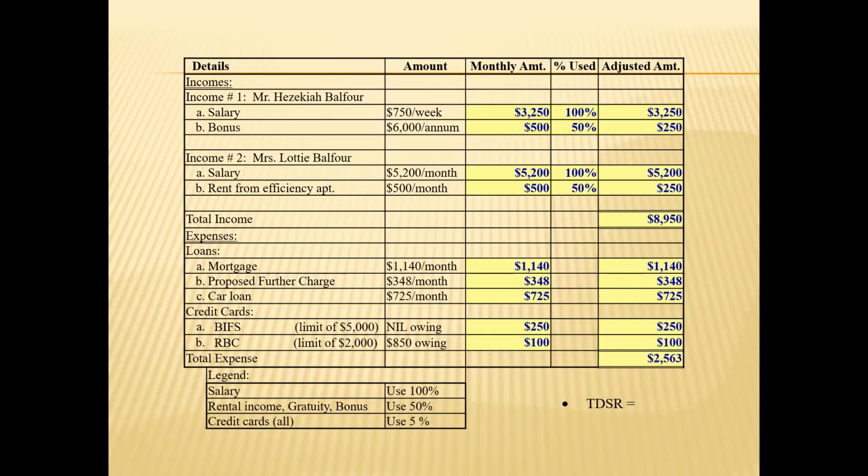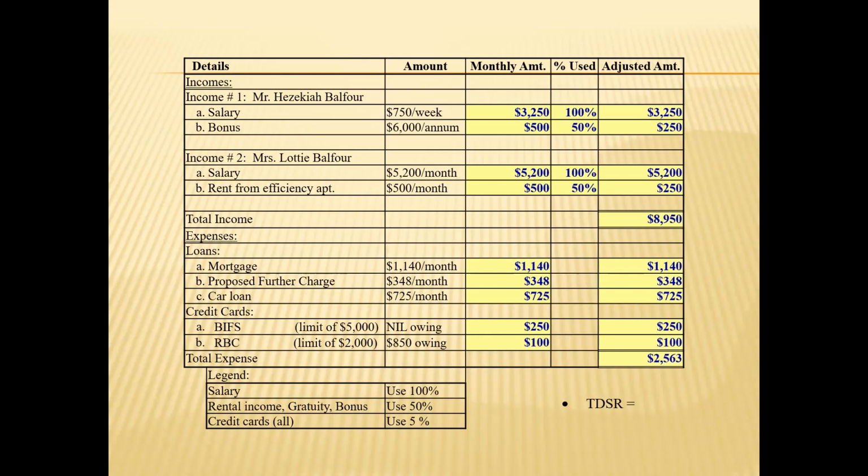Calculate the TDSR. What do you get? I got 28.63%, sir, on this particular scenario. 28.6. I put 28.64. Same difference, I guess. 28.64 or 28.6, because you don't round up since 4 is less than 5.